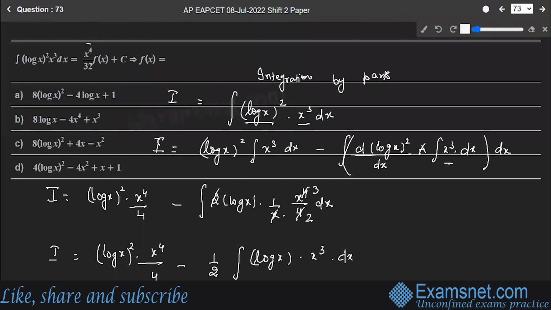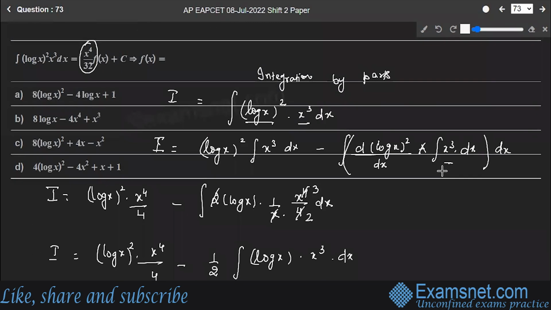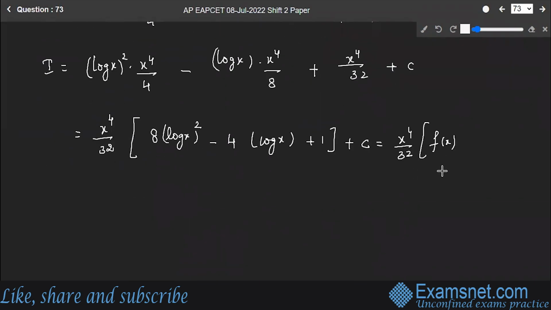So we have this x raised to power 4 upon 32 over here into fx. Let's write it down. This whole thing was given equal to x raised to power 4 upon 32 into fx, further plus c. Okay, so plus c is this, correct? So that means what is your fx? This whole thing is your fx, and this is our answer.